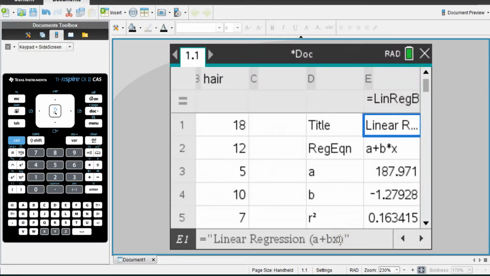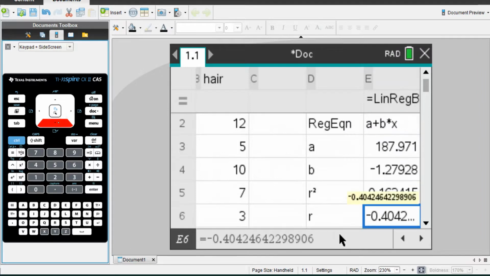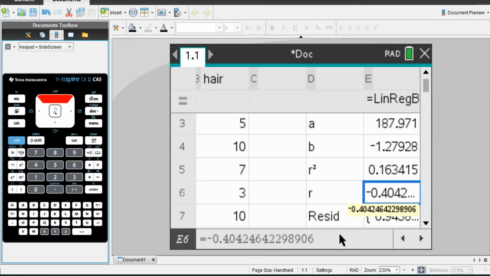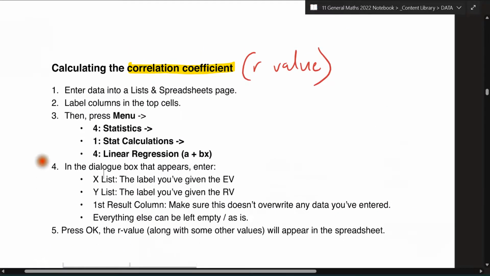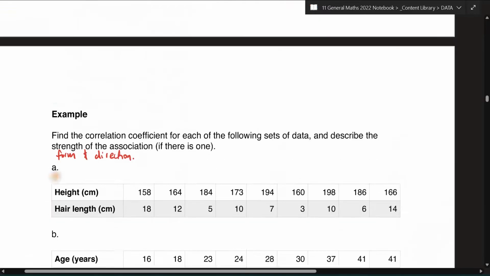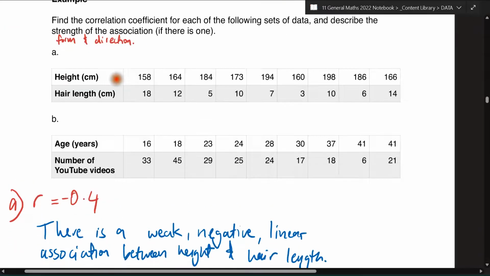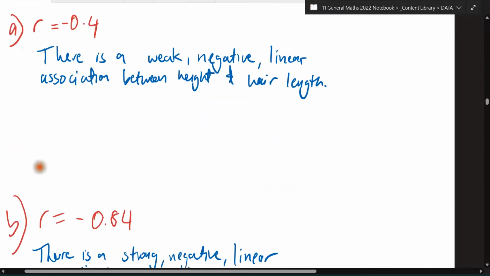From there, you can see that the R value is negative 0.4. Easy, not too hard to do. We use these as an example to find some of the R values.